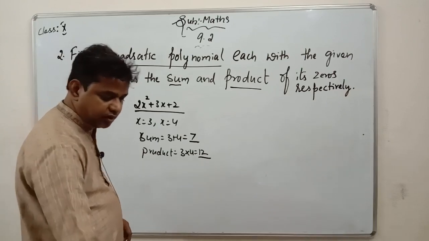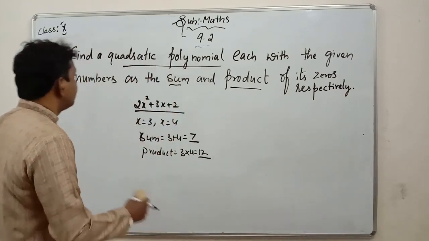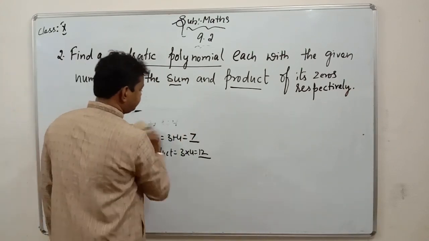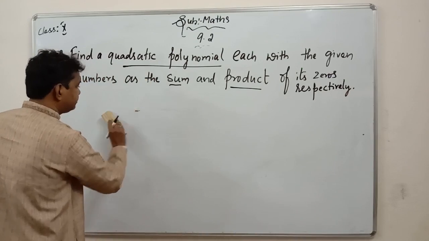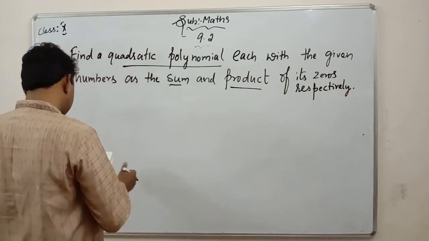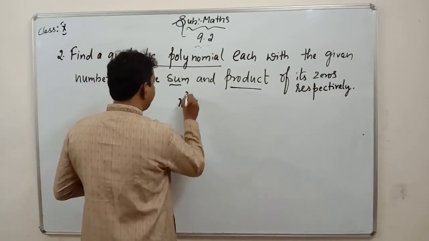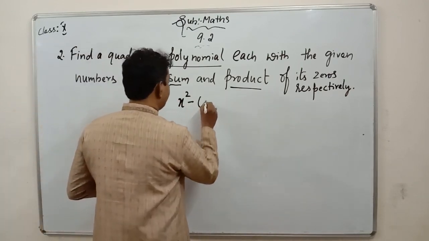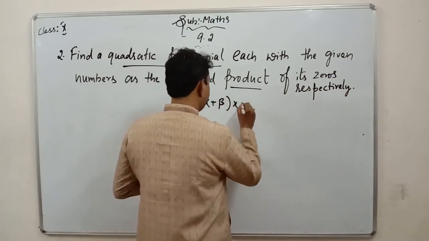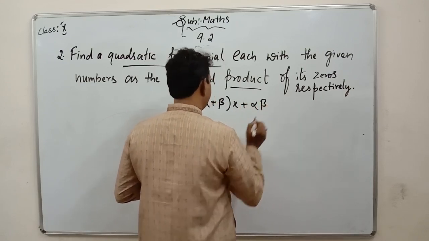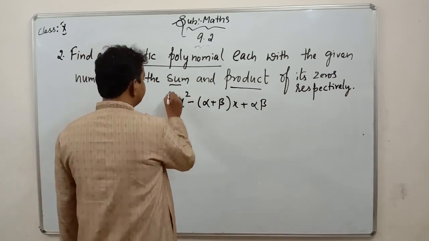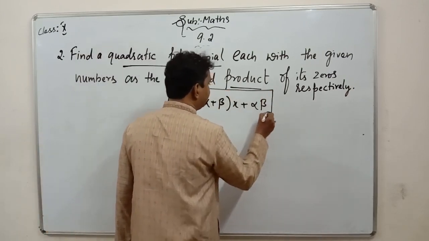For this we have one formula. Given the sum and product, we are asked to find the polynomial. It is x square minus alpha plus beta x plus alpha into beta. So by using this formula, you can write it clearly.